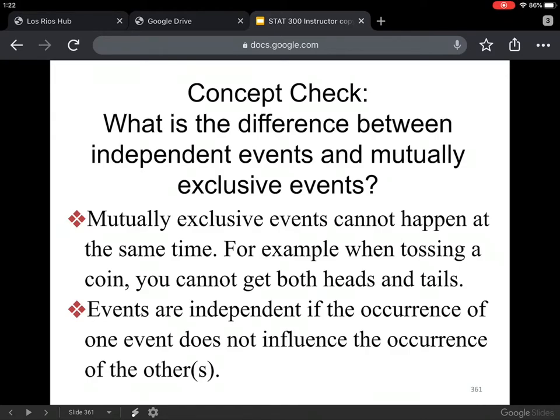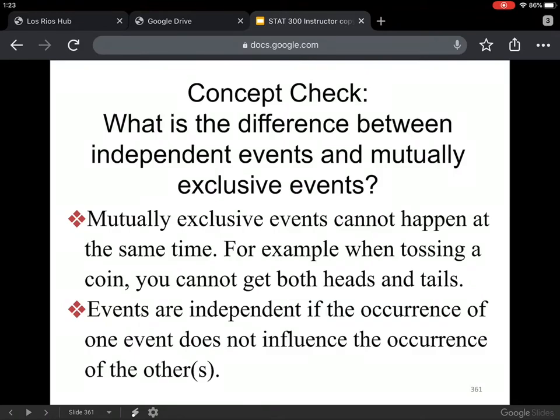So mutually exclusive events cannot happen at the same time, right? There's no overlap. For example, when tossing a coin, you cannot get both heads and tails. And events are independent if the occurrence of one event does not influence the probability of the other event happening. So one is talking about there's no overlap, and there can't be if it's mutually exclusive.